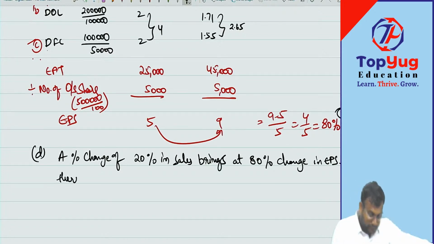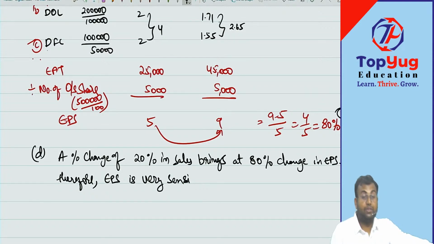Therefore, EPS is very sensitive. Instead of using the word riskier, I am using sensitive to change in sale. Make a note. Here we end.